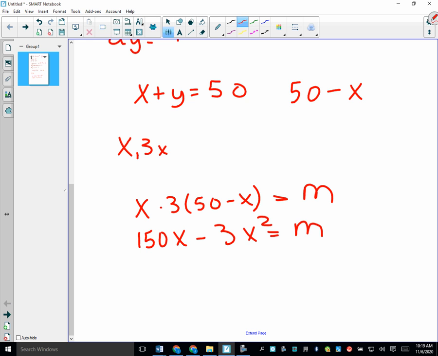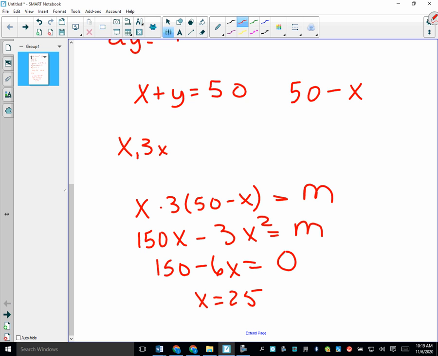What do I do now? Is it equal to 0? No. Derivative. Derivative equal to 0. So 150 minus 6x equals 0. x is, I think it's 25.